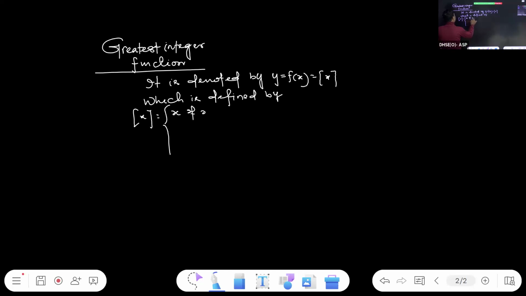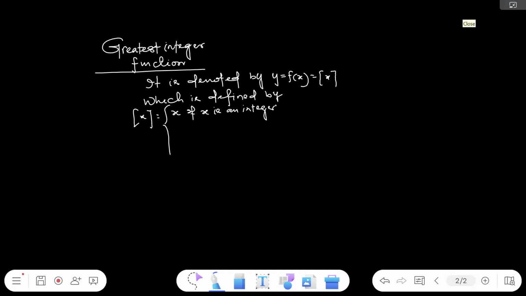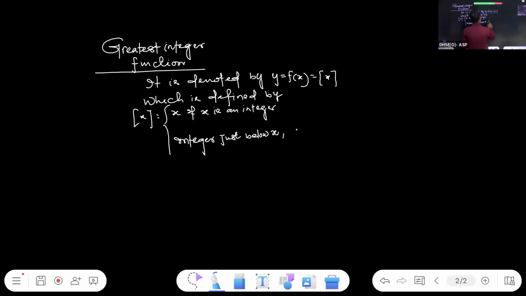if x is an integer, and the integer just below x if x is not an integer.